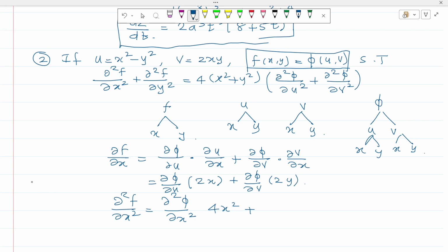Dou square f by dou x square means dou by dou x of the left hand side, that means dou phi by dou u into 2x.